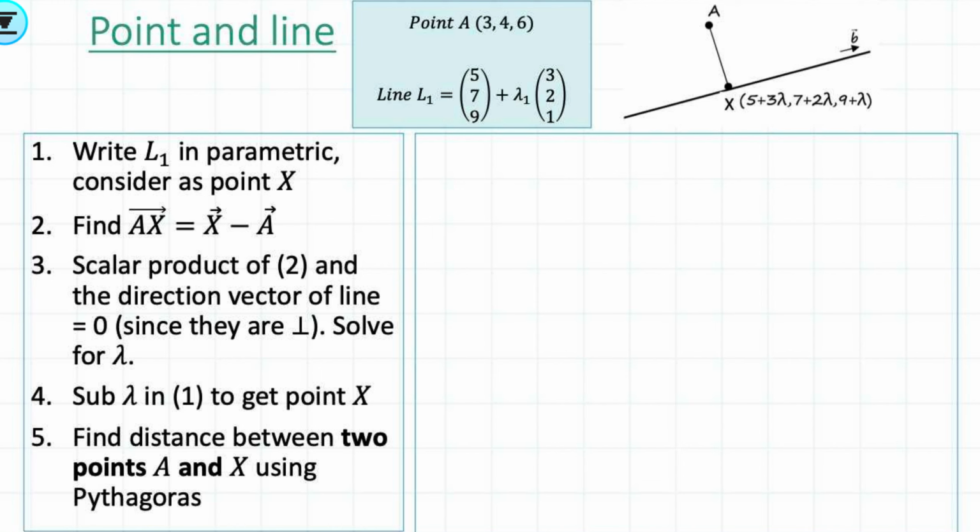Then if you have a point and a line, the point could be given in this form and the line could be given in this form. So the first step is to write L1 in parametric form.